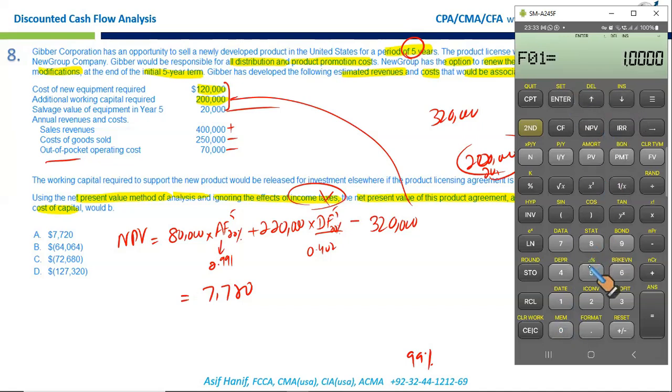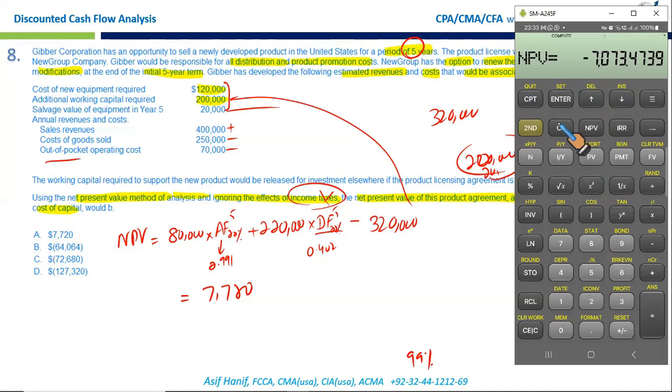Down arrow key. There are 5 such payments. Enter, down arrow key. Then there is a single cash flow coming at the end of the 5th year, 220. And frequency is 1 only. So you press NPV. The rate you're going to use is 20%. And then you compute. It is 7073. That's quite a sizable difference.